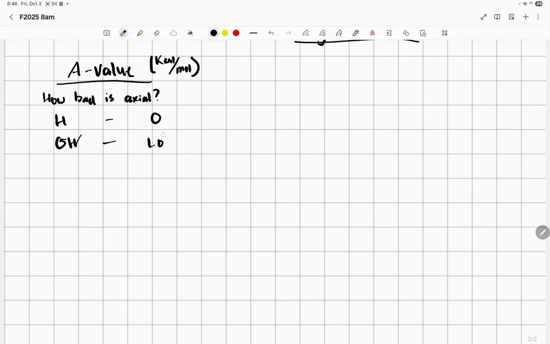Sorry, I don't know why that just smeared. So 1. Next, a methyl group. Sorry, might need to clean my tip. So a methyl group is going to require 1.7 kcals per mole.